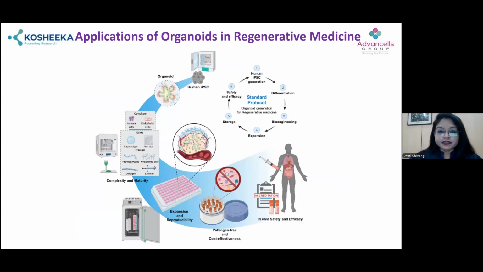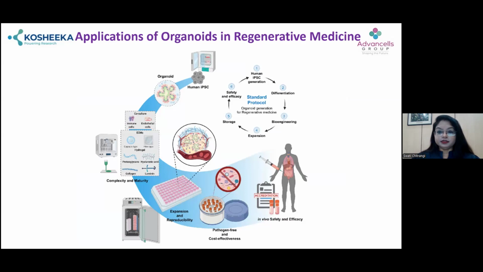Then organoids in regenerative medicine. As I already mentioned, from the same patient's iPSC, you can store those iPSC, and whenever required, you can make a liver model or heart model, and you can inject it.